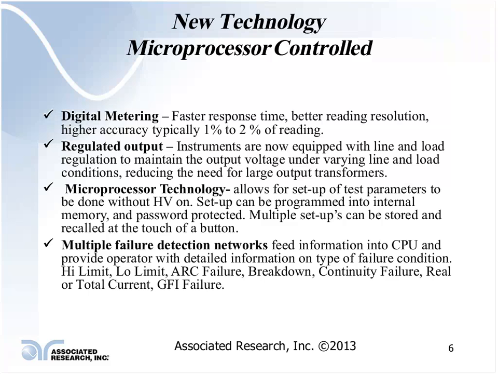Okay. Regulated output. Instruments today are equipped with line and load regulation to actually maintain the output voltage under varying line and load conditions. And this basically reduces the need for testers that have such a large output current capacity on the transformers.